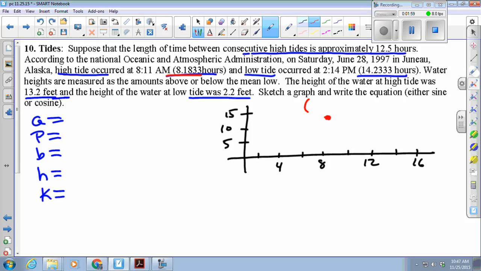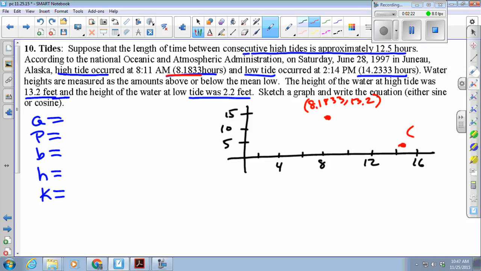That ordered pair is 8.1833, comma 13.2. Low tide occurs at 14.2, and that's a height of 2.2 feet, so that's going to be right about there.